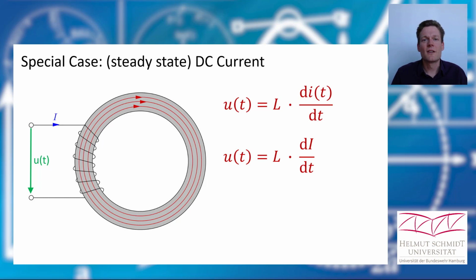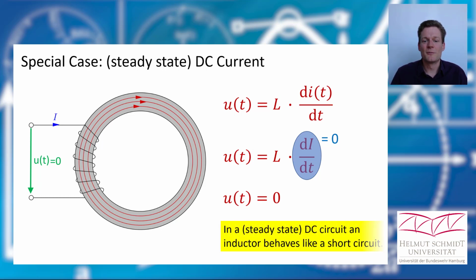And this means that the time derivation becomes 0. And that means that the voltage drop at our inductor is 0. So if we have a steady state DC circuit, and steady state means we switched it on and waited long enough that all the transient effects are over, then an inductor behaves like a short circuit.